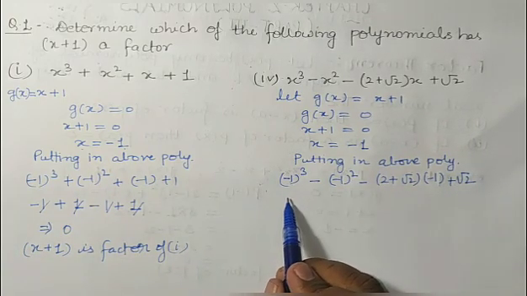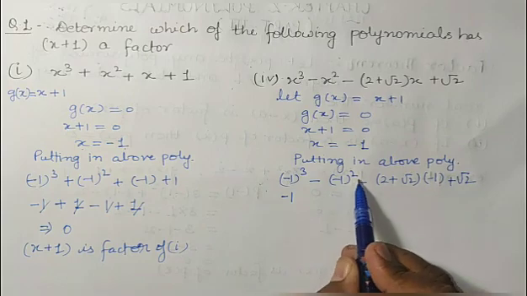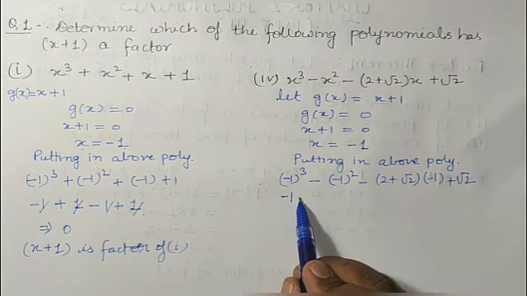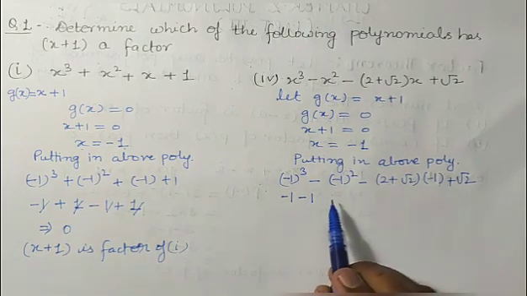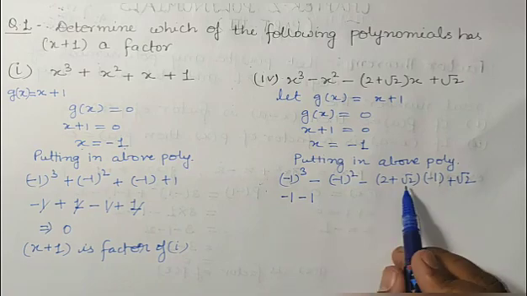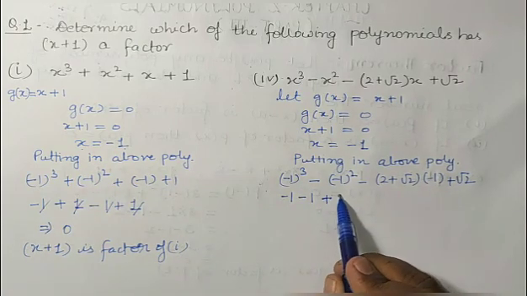Okay, minus 1 cube will be minus 1, minus 1 square will be plus 1, but here it is minus, so you will write minus 1. Here it is minus 1, this minus and this minus will be plus, so you can write plus 2.